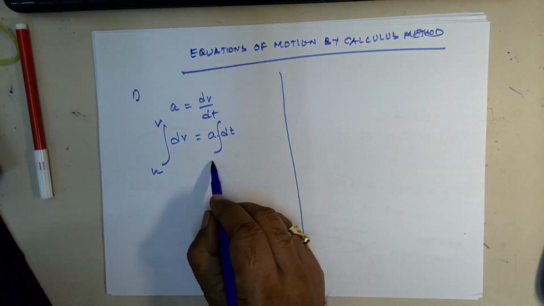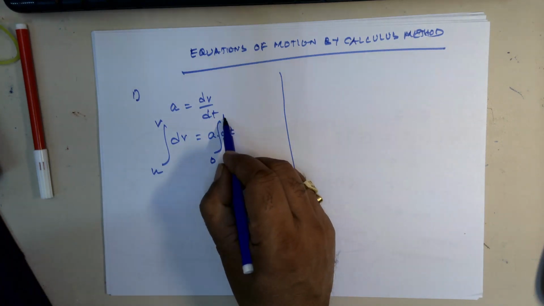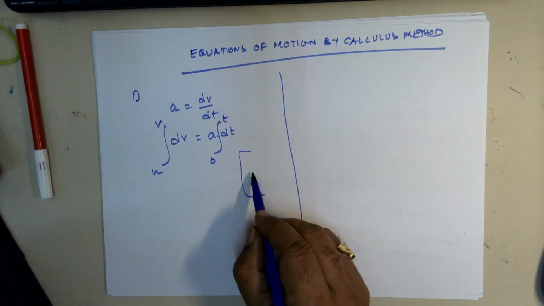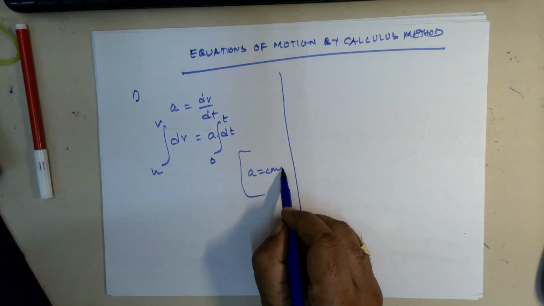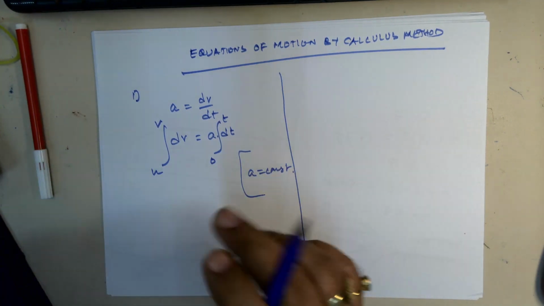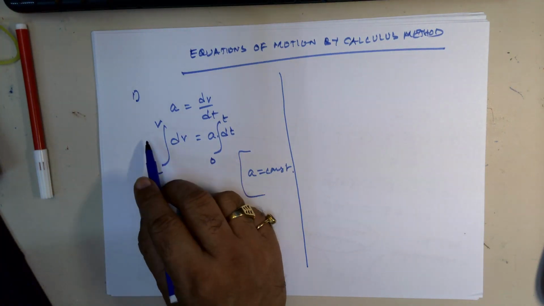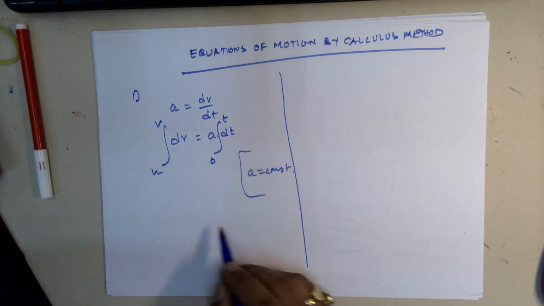At that time t is equal to 0 and that is at a certain time t. And here a is constant, that is, acceleration is maintained as constant. So in that case, integration of dv means what?